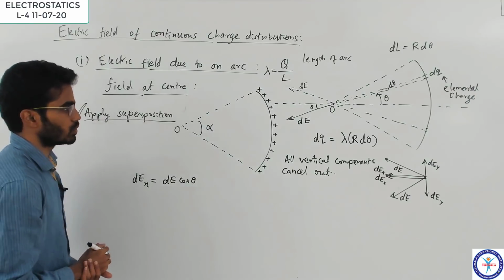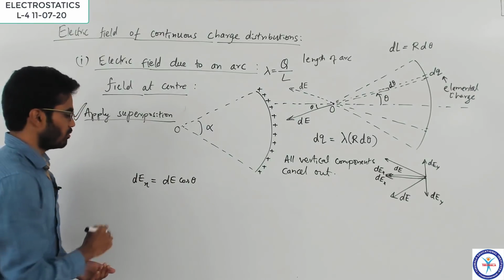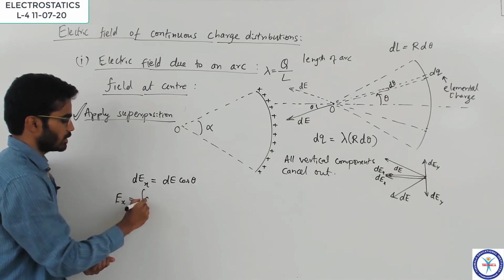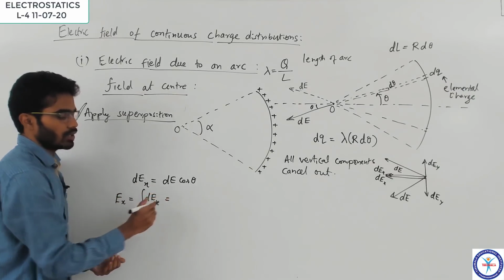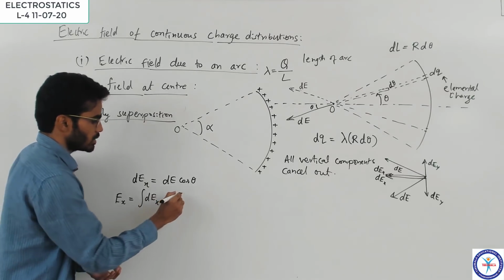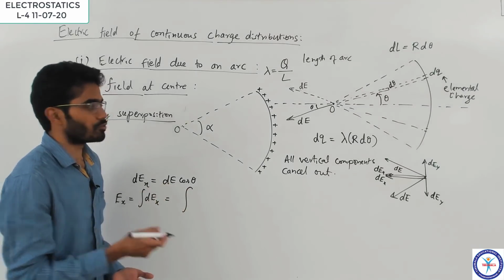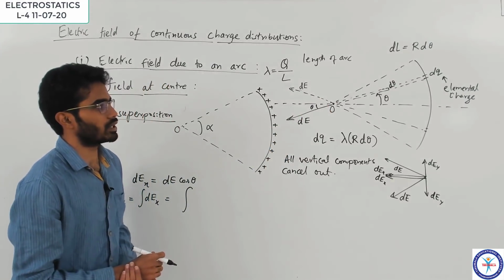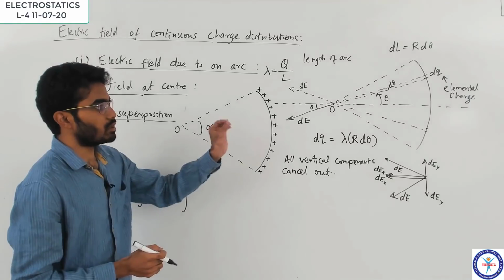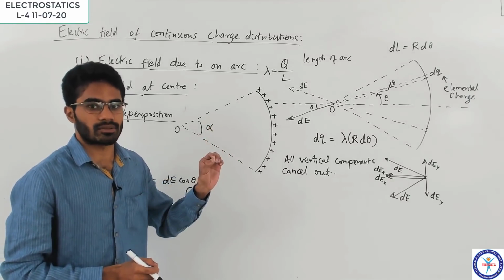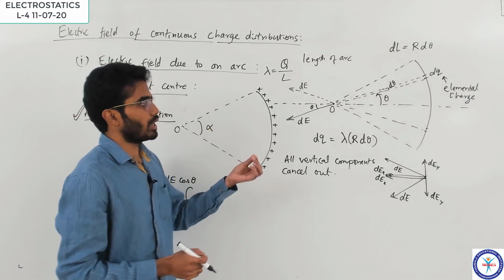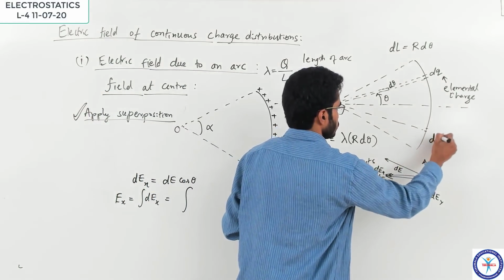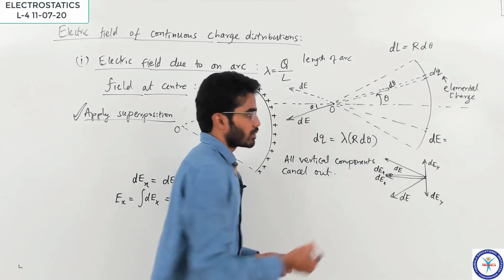Now what we need to do to calculate the total field is to integrate this. So Ex is the integral of dEx with proper limits. So let us do this. dE. Now what is the field produced by elemental charge? How do you calculate the field due to elemental charge? It is an elemental charge, that means it is a point charge, very small. So for point charges, we know how to calculate the field. So dE is kq by r square.